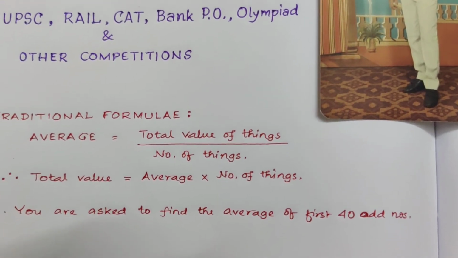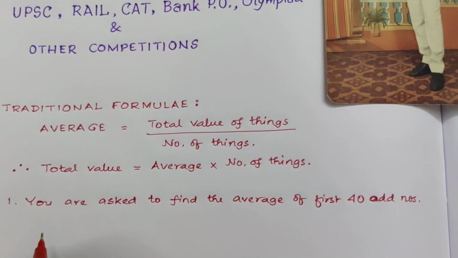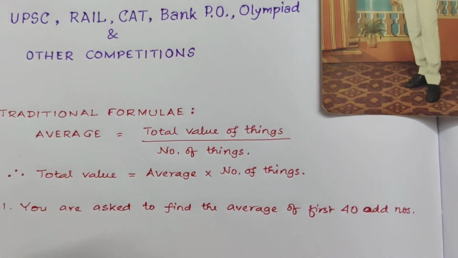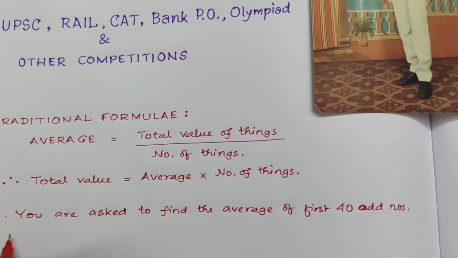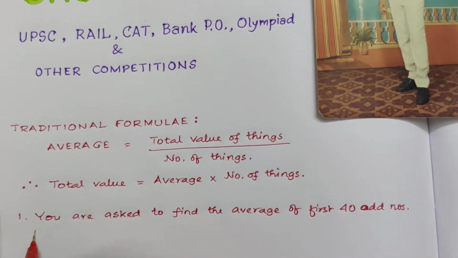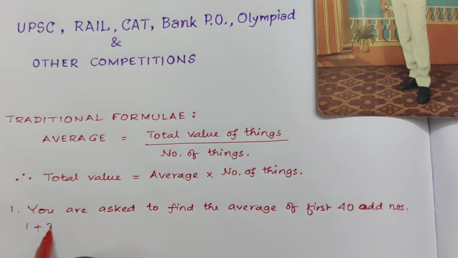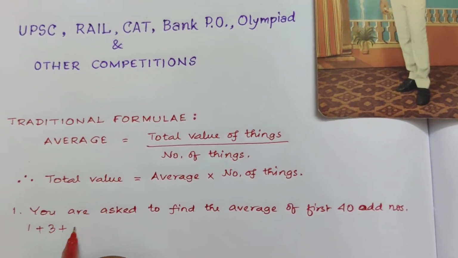Now if you are asked to find the average of the first 40 odd numbers, what will you do? If you do it with the help of the traditional formula, we apply it like this. The first odd number is 1, then comes 3, then comes 5.